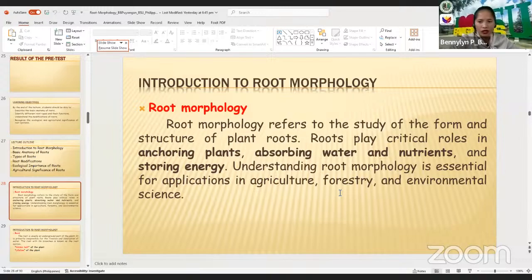So anchoring, absorbing, and storing. Recall in the pretest that the main function of the root is, of course, its absorption of water and nutrients. Understanding root morphology is essential for applications in agriculture, in forestry, and environmental science.